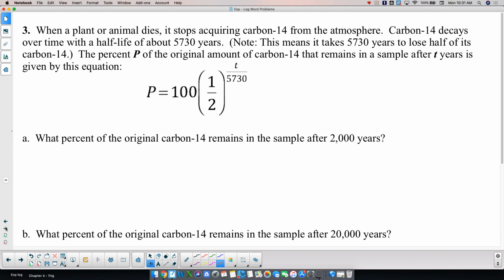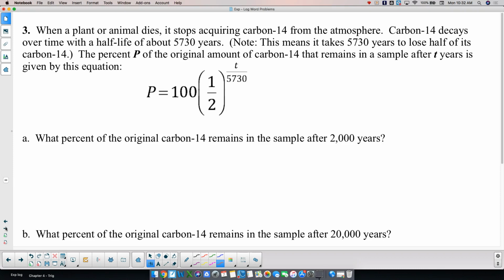So that means that if we had 1 gram of carbon-14, 5,730 years later, we'd have 0.5 grams. 5,730 years after that, we would have 0.25 grams. 5,730 years after that, we have 0.125 grams. Always decaying in half.